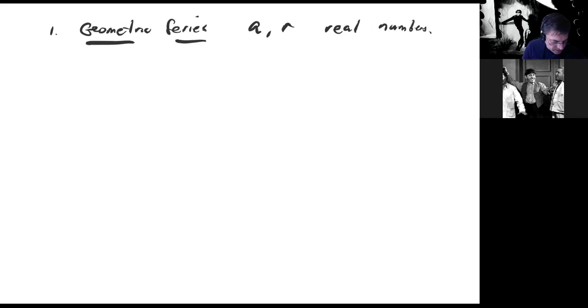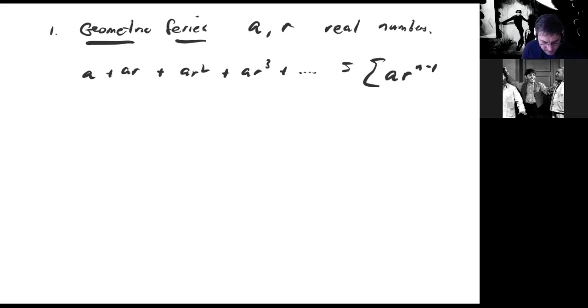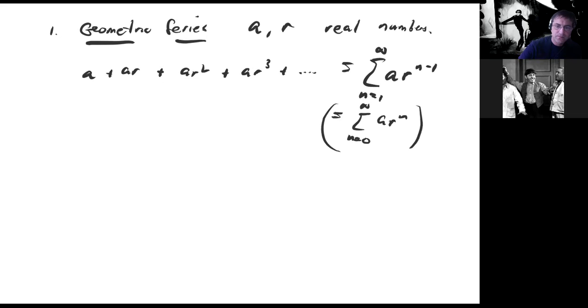Then we look at the expression a plus a times r. We multiply the previous term by r to get ar squared, multiply by r again to get ar cubed, etc. So this is the sum of ar to the n minus 1 as n goes from 1 to infinity, or you could write it as the sum n goes from 0 to infinity of ar to the n. Let's continue to write it the first way.